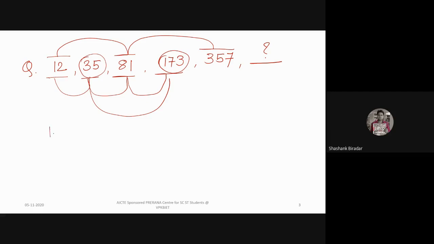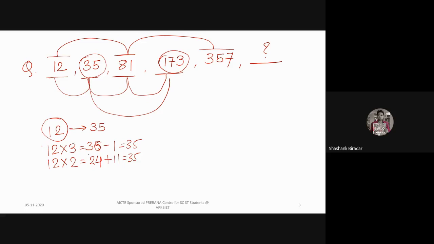The relationship of 12 with 35. So how do I correlate this 12 to 35? The nearest figure that I can have is 12 multiplied by 3 is 36, minus 1 is 35. Or 12 multiplied by 2 equals 24 plus 11 is 35.